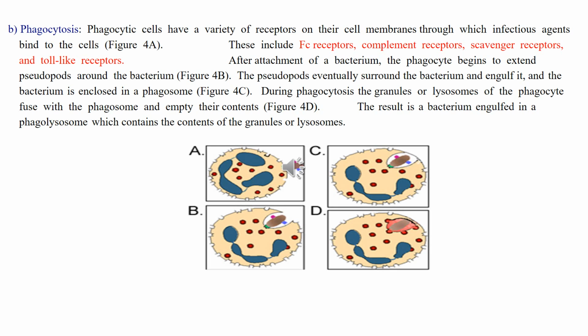The granules or lysosomes fuse with the phagosome and empty their contents, resulting in a phagolysosome. These processes result in killing and degradation of the bacterium.